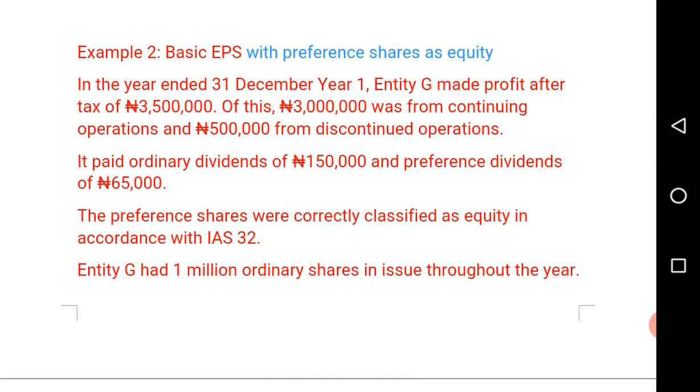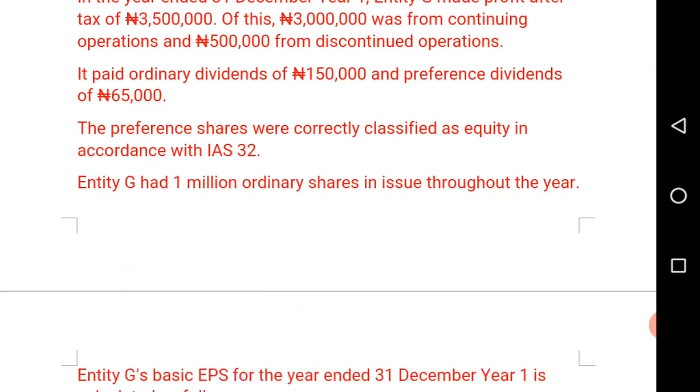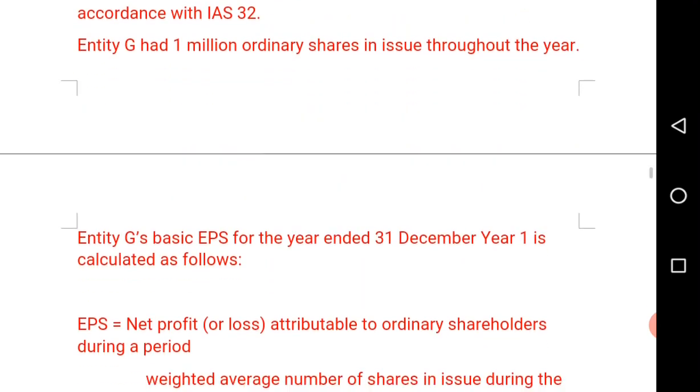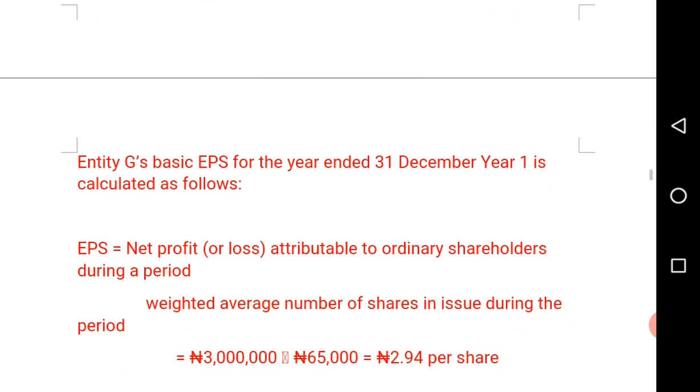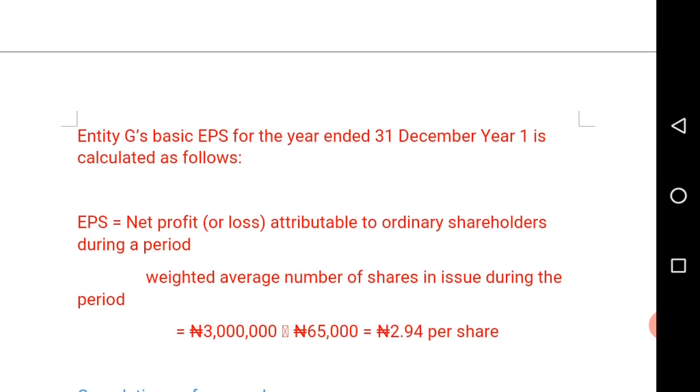Same entity G had 1 million ordinary shares in issue throughout the year. Entity G's basic EPS for the year is calculated as follows. Now we have the same formula here: net profit or loss attributable to ordinary shareholders during a period divided by the weighted average number of shares in issue during the period.